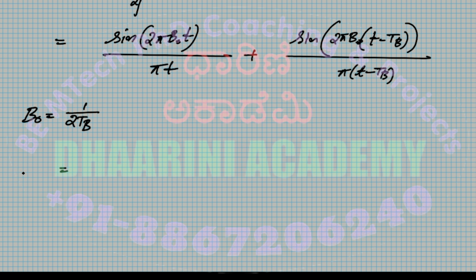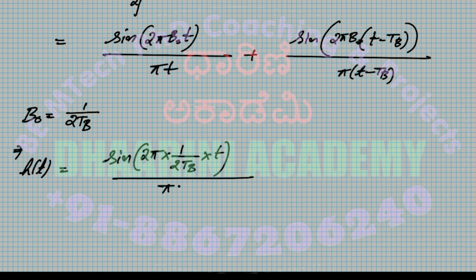That's h of t. Still, I have h of t on the left hand side. So h of t is equal to, substitute. That is sine of 2 pi into B naught, and I know that this is 1 divided by 2 times tb, into t, whole divided by pi times t. So the 2 and this 2 cancel. Let's bring the simplification later.